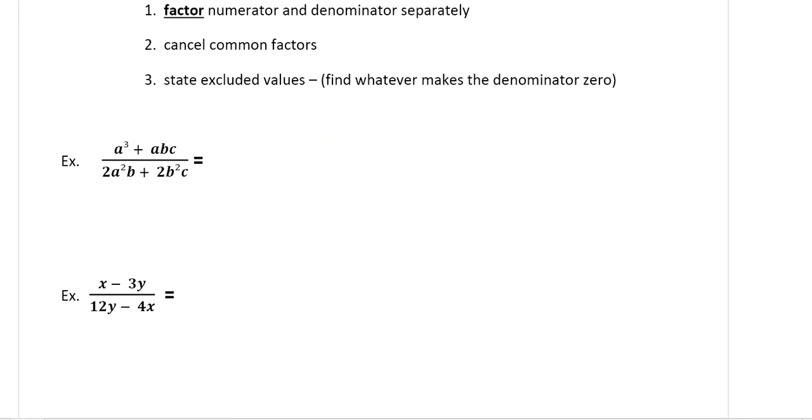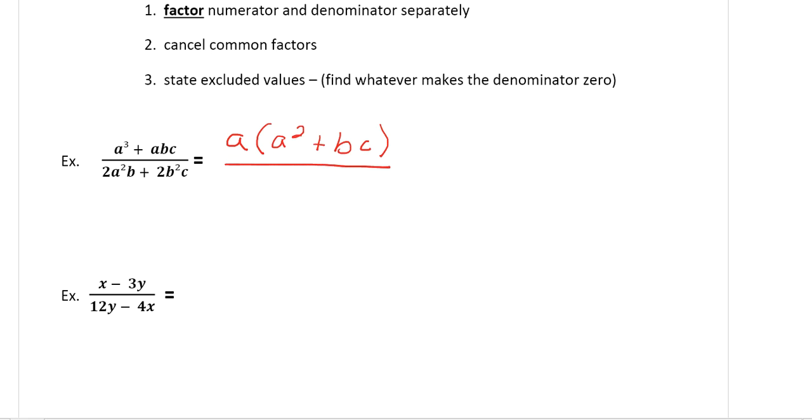All right, this next example. Again, following the steps: factor the numerator and denominator separately. Looks like both of these are going to be the GCF method. In the numerator, both terms share an a in common, so let's factor out an a, and we get a squared plus bc.